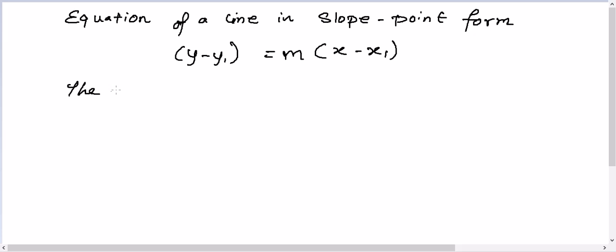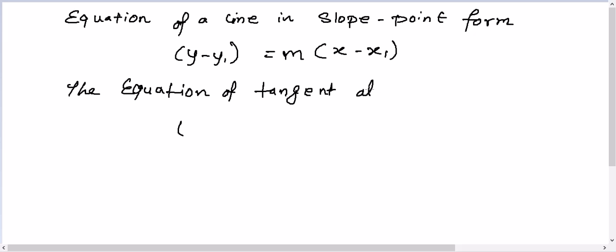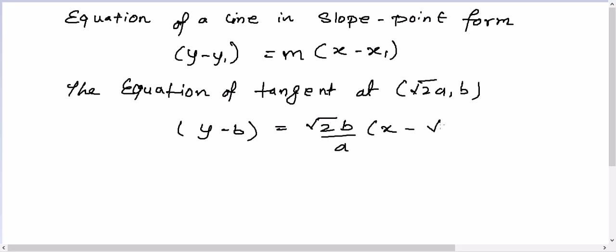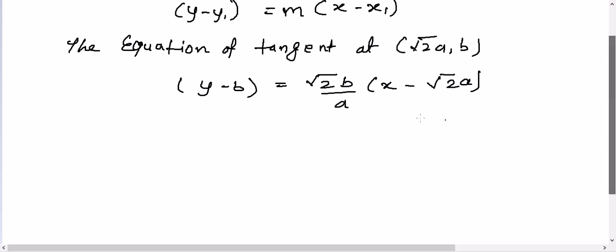So the equation of tangent at root 2a comma b, where we found the slope was root 2 b by a, will be y minus b is equal to under root 2 b by a into x minus under root 2a.